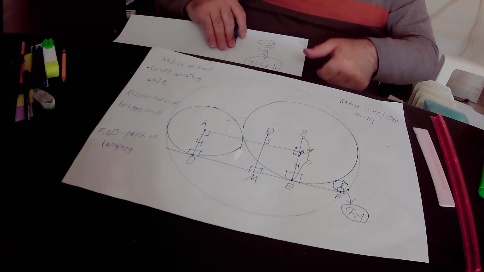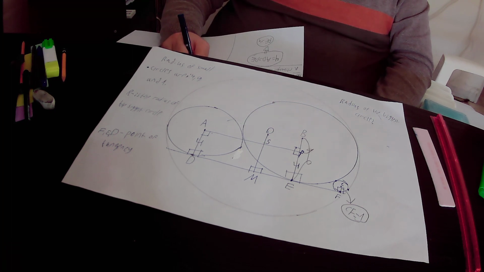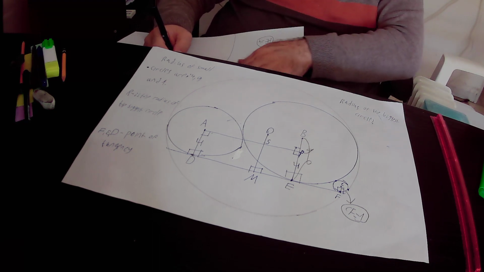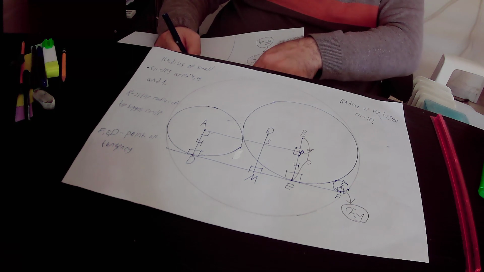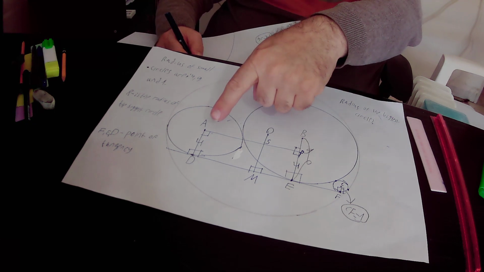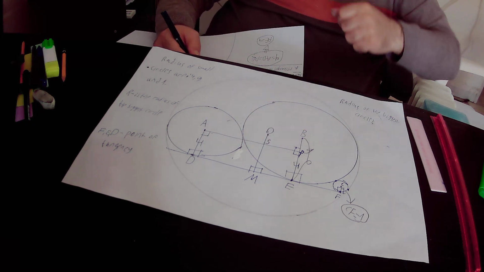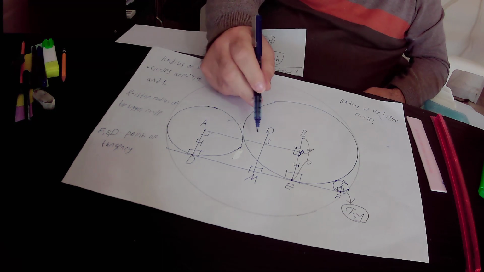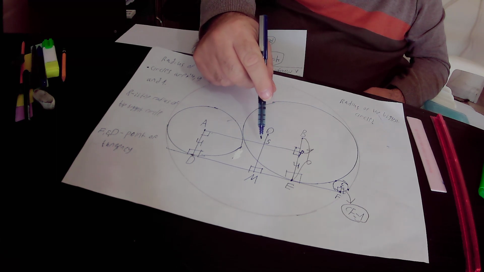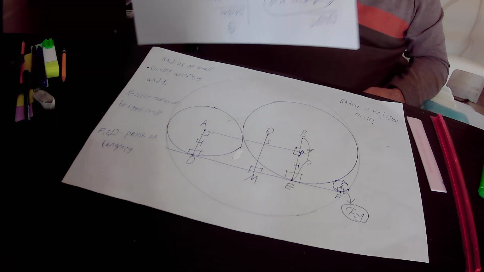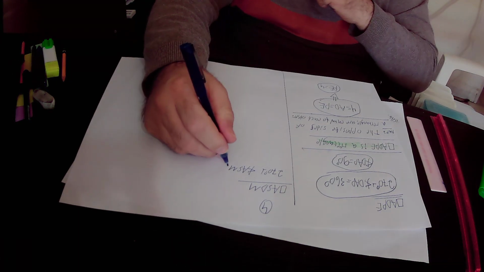In quadrilateral ASDM we have 1, 2, 3 right angles. The sum of 3 right angles is 270 degrees plus the size of this angle, which is actually angle ASM. In total, the sum of those 4 angles must be equal to 360 degrees.